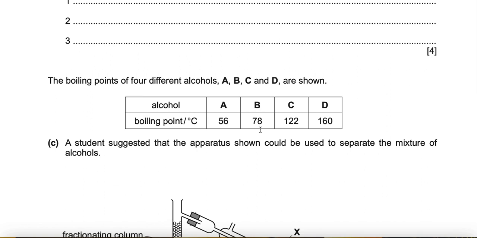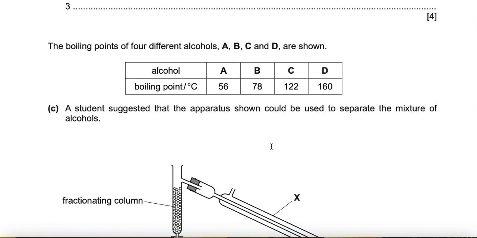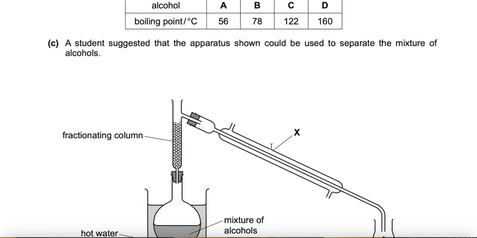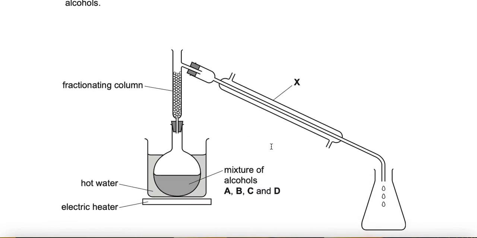This is ethanol, which boils at 78. I think the first one is methanol. Then C has a boiling point of 122 degrees Celsius, and D has a boiling point of 160 degrees Celsius. A student suggests that the apparatus shown could be used to separate the mixture of alcohols.